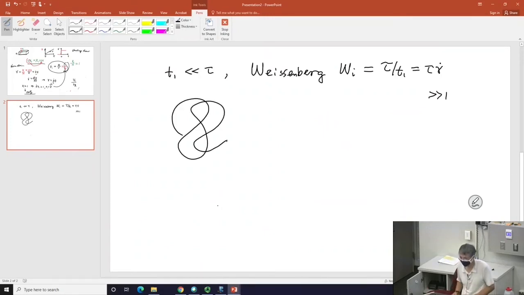So for the simple argument, basically I force this molecule to move while keeping the bottom fixed. Just imagine somehow I move it. This has a size of Rg, and I try to move it within tau 100 times to the right.